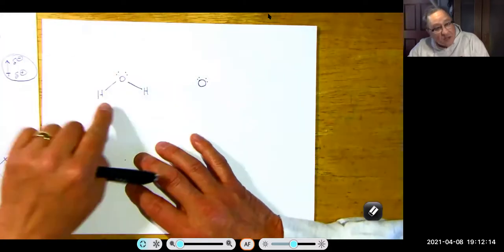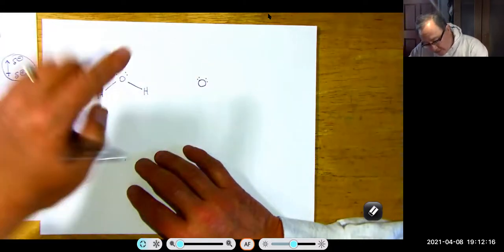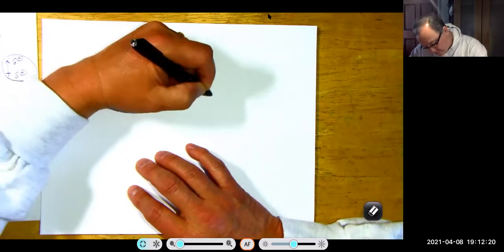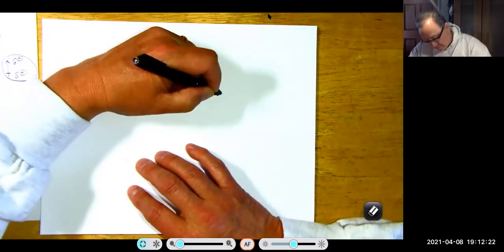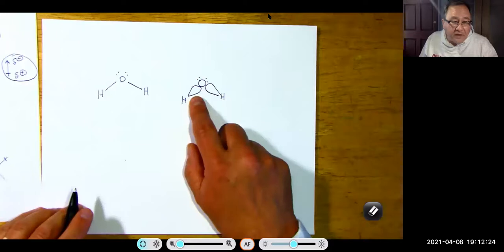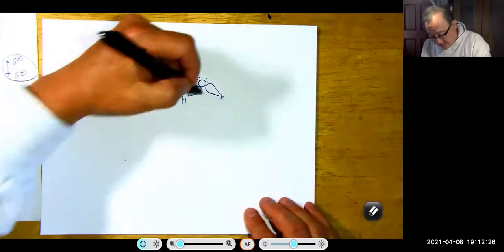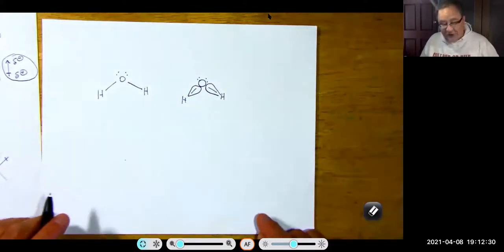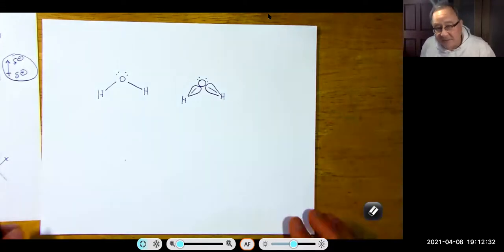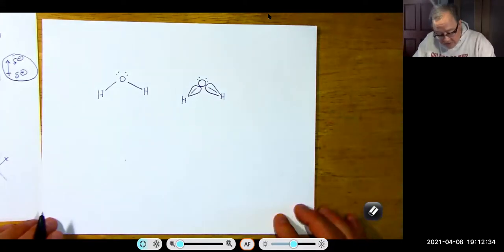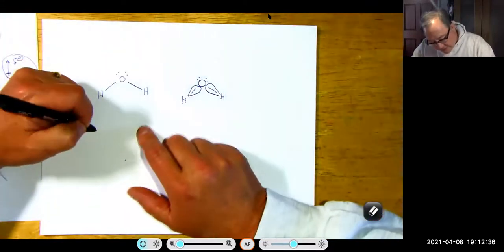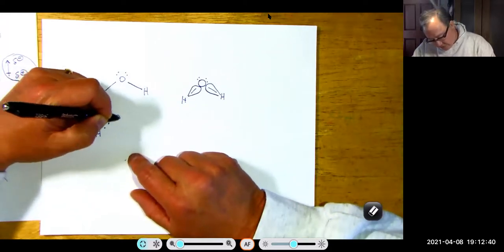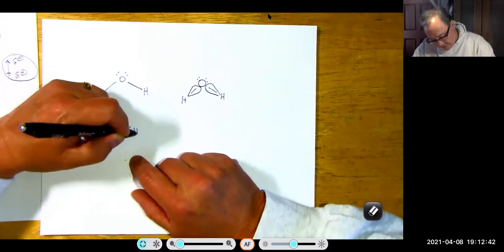But if you look at these bonding pairs, the electrons are kind of like this. So the shape shows you where the electrons spend more of their time. They spend more of their time near oxygen because oxygen can draw those electrons in better. So here, if they were perfectly even, you can see I'm drawing them perfectly even, right?